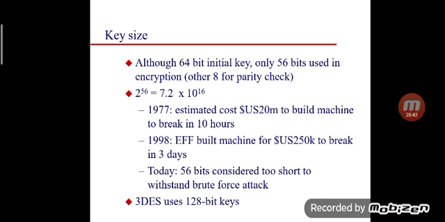In 1998 also, there was a standard committee called EFF, which built a machine that required 25k US dollars to break this particular key in 3 days. Due to the key size, this algorithm is more secured and it cannot be easily broken.